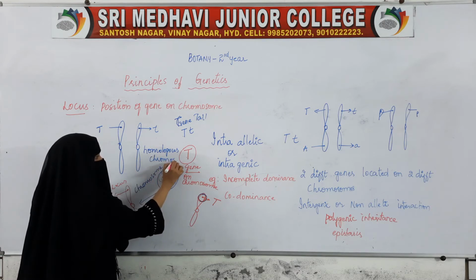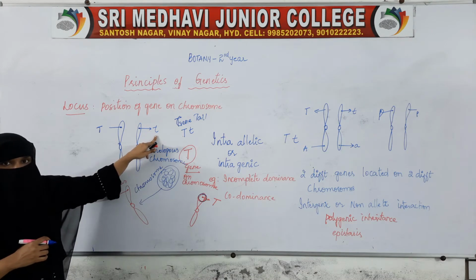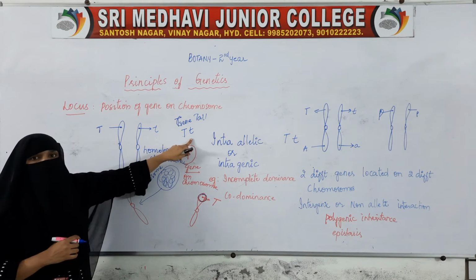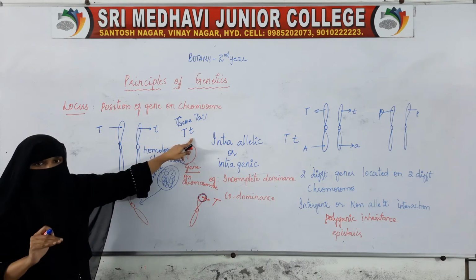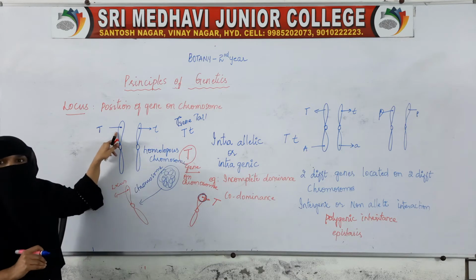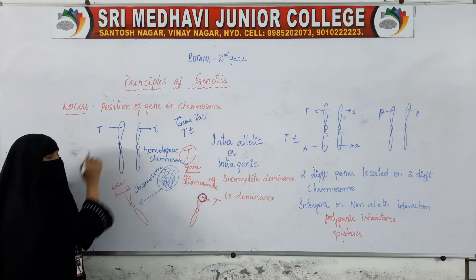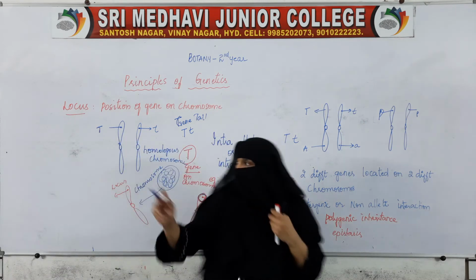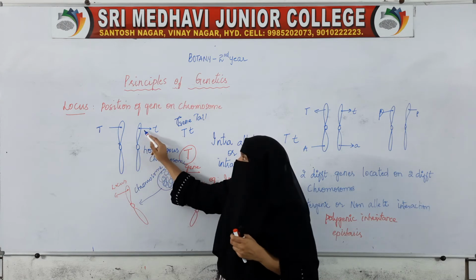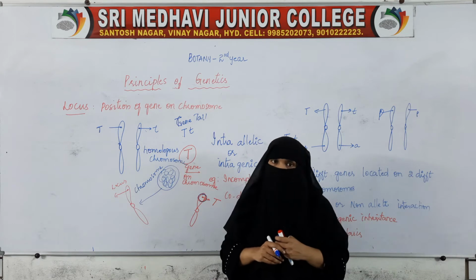This is the homologous chromosome. On the homologous chromosome we find another form of the gene. The gene is present in two forms, that is, for each gene we have two alleles. On one chromosome, one allele is present at a particular location, and that location is called the locus. On its homologous chromosome another allele will be present.